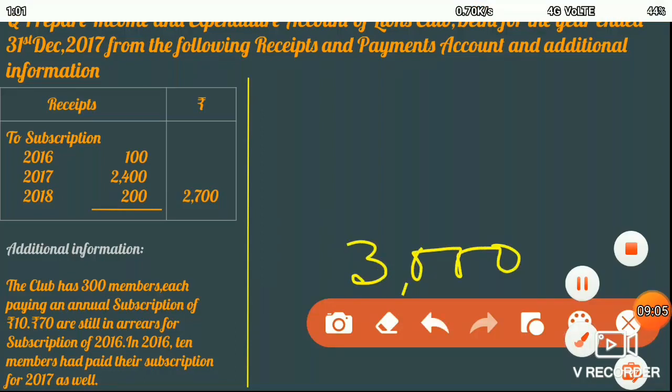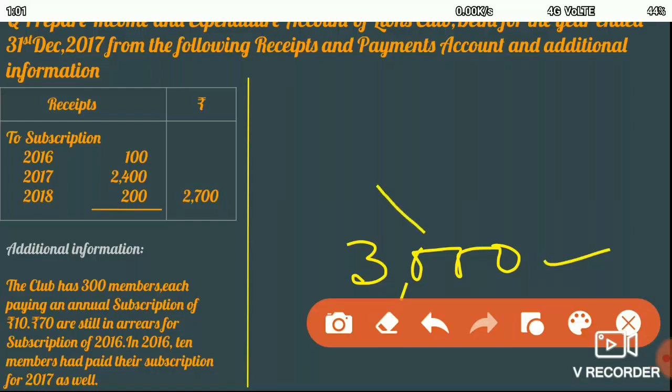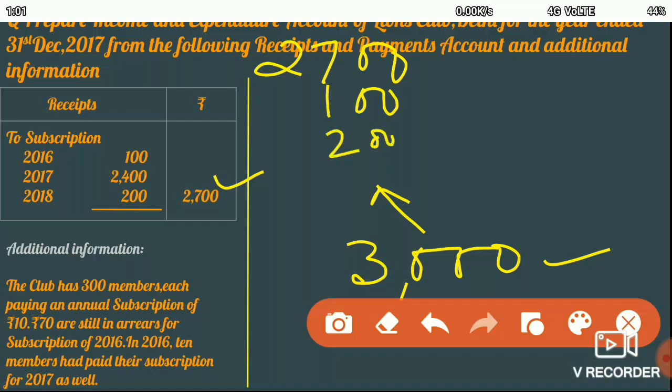The total subscription for the year should be 3,000, which we know already, but we have to show the details, how much cash is received. So the total cash received as subscription is 2,700. We have to remove 100 rupees because this is the subscription of the previous year. Then 200 rupees we have to remove.